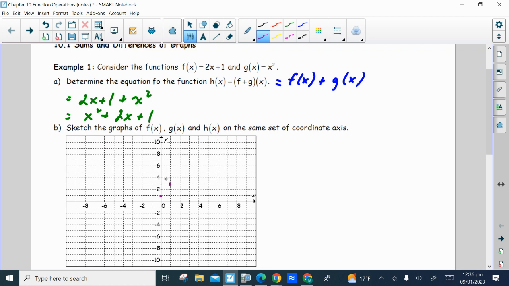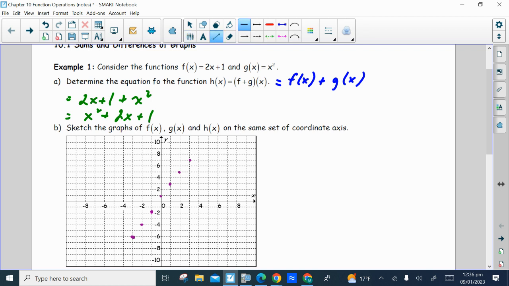Rise 2, run 1. We can also rise negative 2 and run negative 1. You can do that as well.